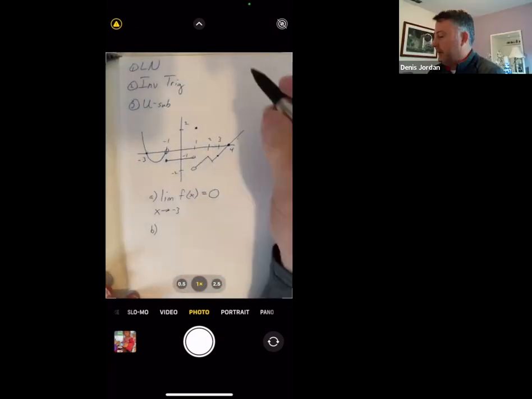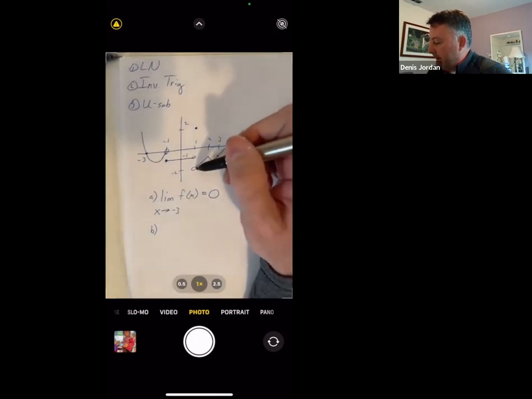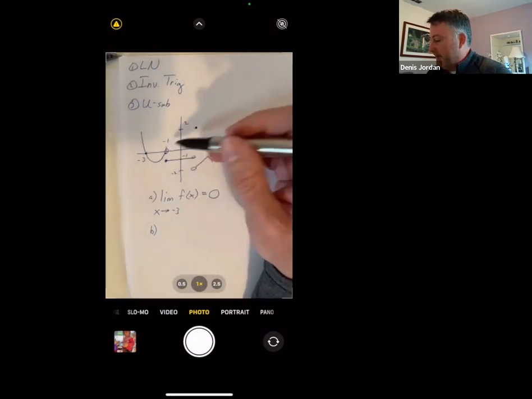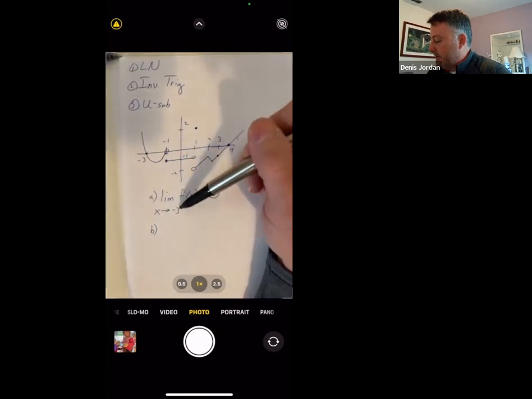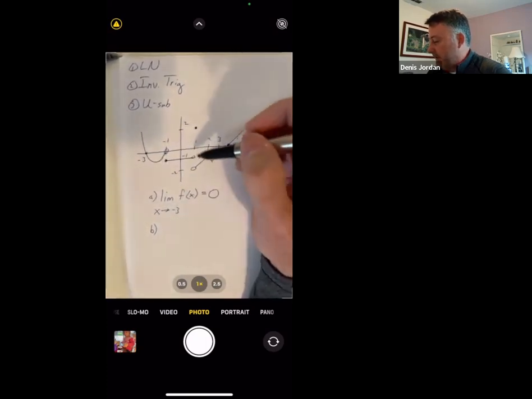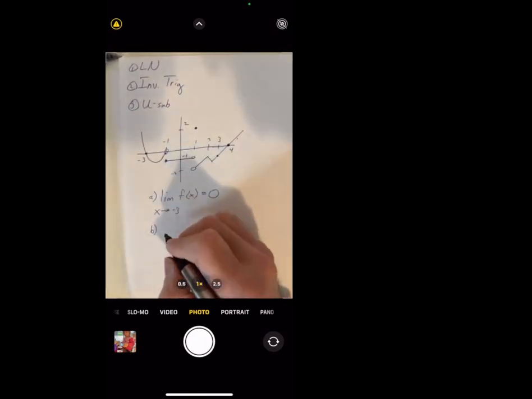And some people were getting stuck too. They were like, well, I'm tracing over, but then I can't get over there because there's this hole there. And it's like, yes, you can, just jump. Don't stop tracing until you get to this x value, even if you have to jump over something. Yeah, that's why I get confused.